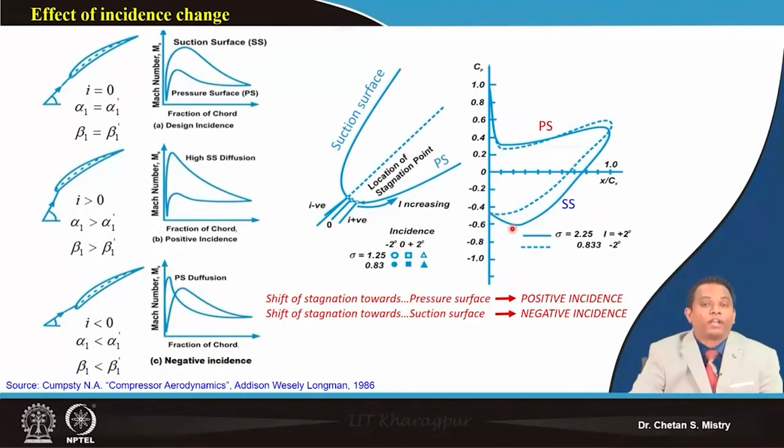And do not forget, the major contribution for pressurizing capacity of any kind of aerofoil we use for an axial flow compressor mainly depends on the surface curvature of the suction surface. Okay, so here when we are having negative incidence, we are having deterioration in performance.